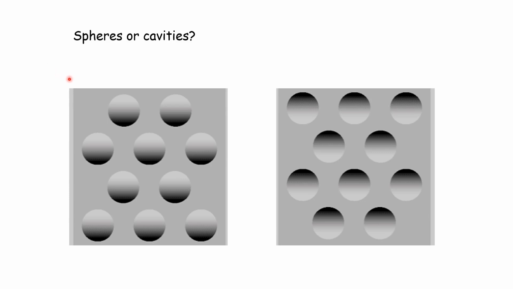Most people think that the left image has the spheres that are coming out and the right image has the cavities that are going in. At least that's the first impression. And the interesting part is that both these images are actually identical, except that the right one is rotated by 180 degrees. So let me show you that.